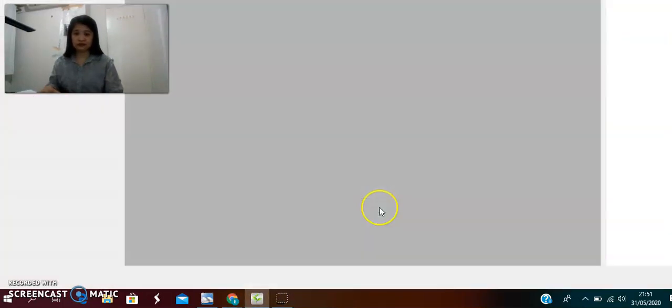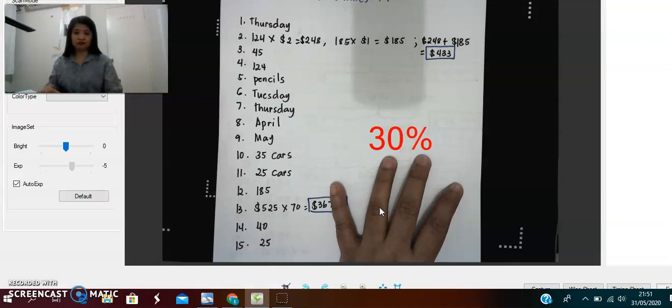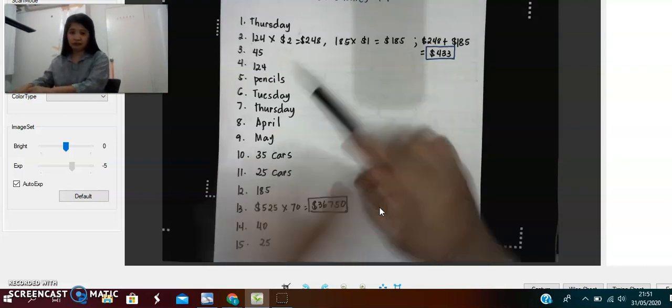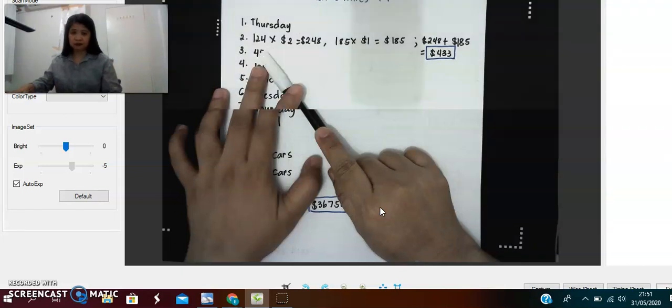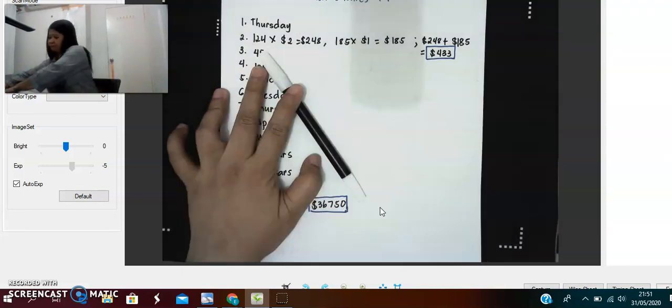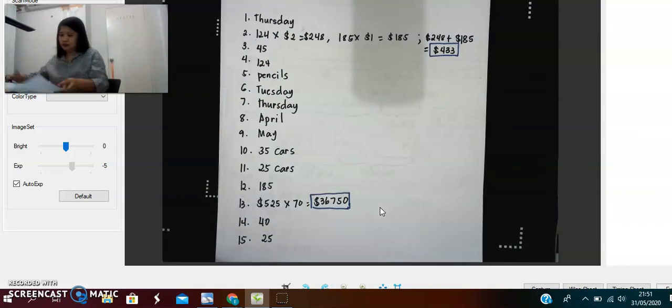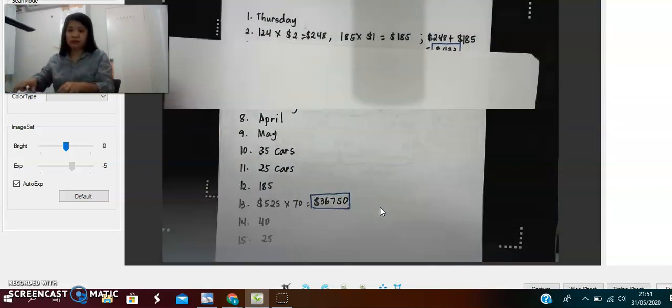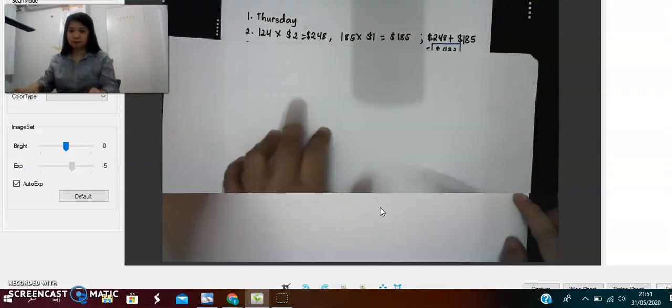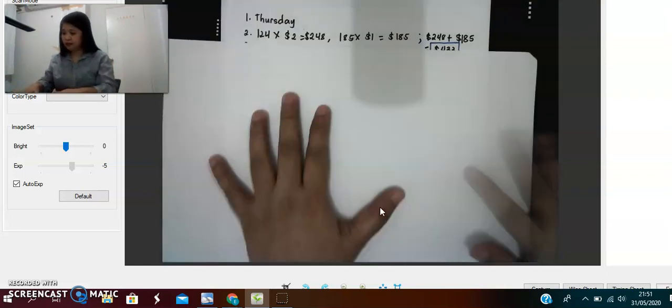Add all the number of pens. You will get 124.